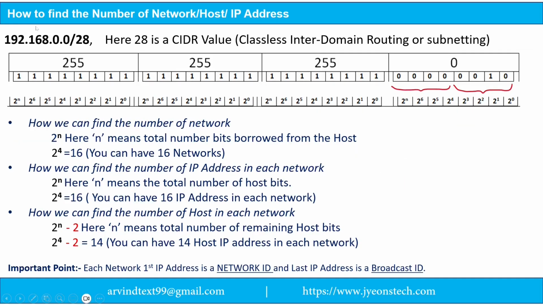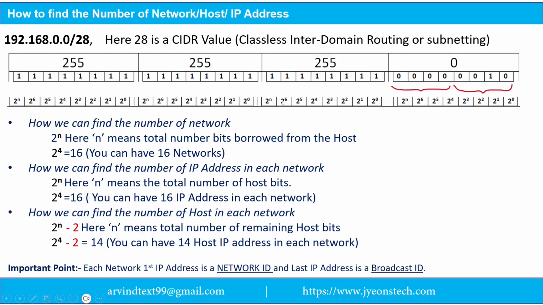So let's discuss how to find the number of networks and host IP addresses in classless inter-domain routing, that is also called subnetting. So this is the network given, here it is /28. So you can see the first octet is 8 bits, the second octet is 8 bits, the third is also 8 bits.